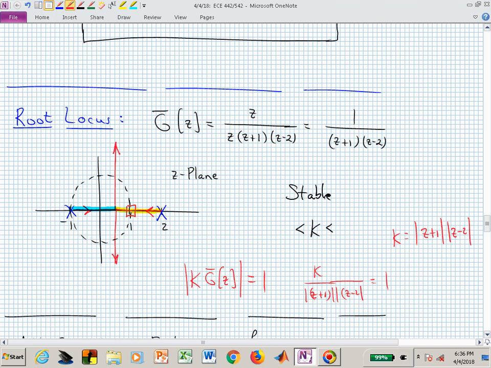Where was I? 2 times 1? Is that right? What's my lower limit for stability? 2. This is, let's say, k box. That is when k equals |z plus 1||z minus 2|, evaluated at z equal to 1. That ends up being 2.